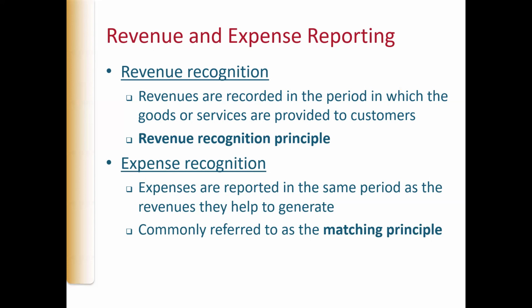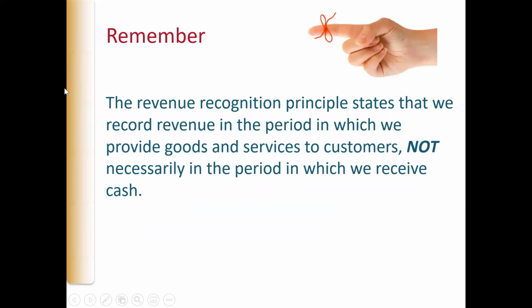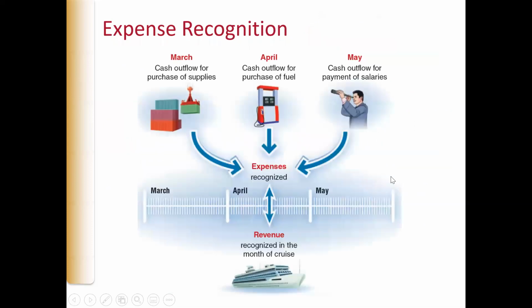So the tuition is the revenue, the expenses all get offset against the revenue in the same period. That's called the matching principle. So we record revenues in the period in which we provide goods and services to customers, not necessarily in the period in which we receive the cash.